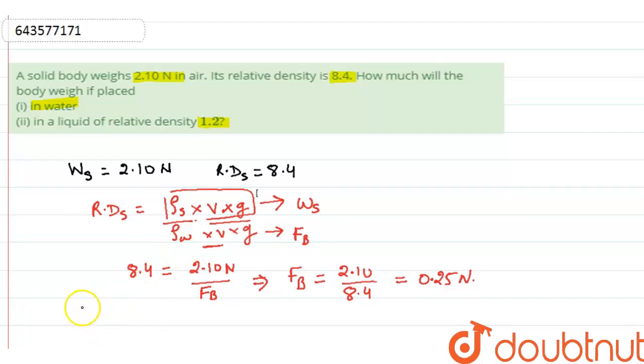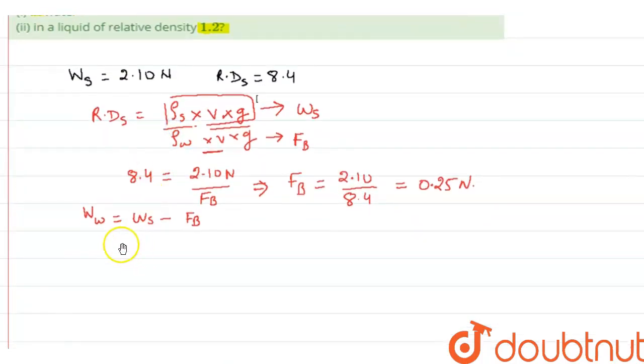So the body weight in the water can be calculated by the difference of the body weight in the air, that is the weight of the solid, minus the buoyancy force, that is Fb.